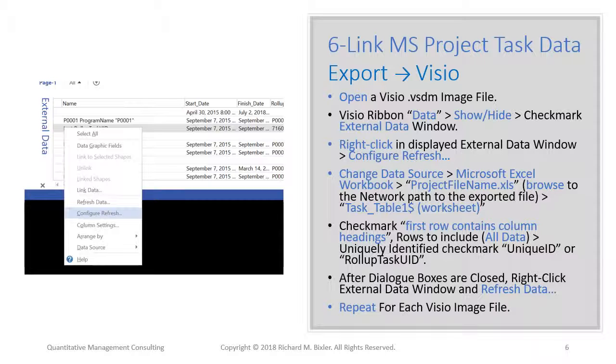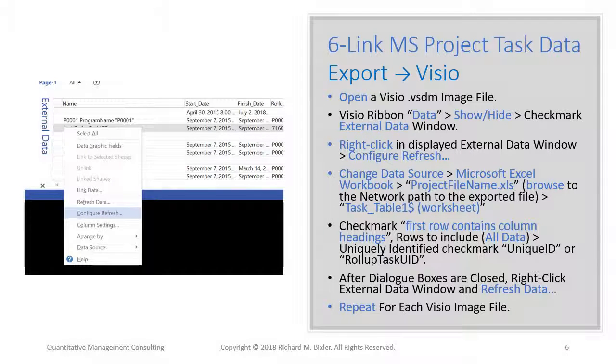Use the network file path if the file is shared, then choose task _ table $1 (worksheet). As the dialog progresses, checkmark first row contains column headings and rows to include all data. Uniquely identified by unique ID or roll-up task UID if you're managing that.